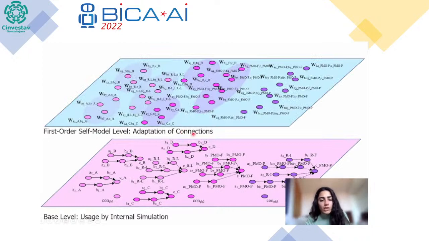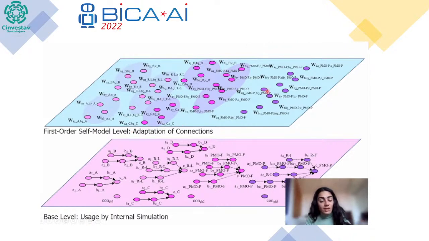And this is our first order self-model level. It's for adaptation of connections, and it has W states representing the weights of connections below in the base levels. It's for the adaptation of mental models, and then the third layer will come for the control of adaptation.